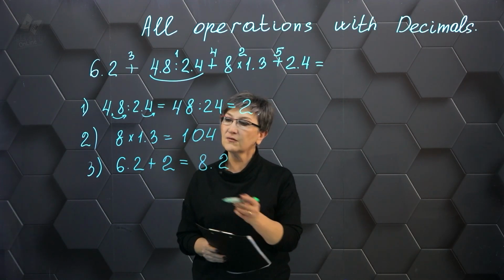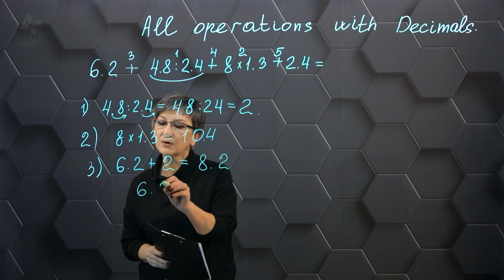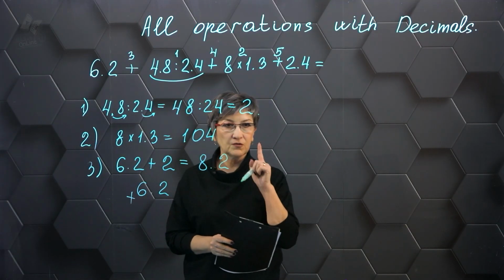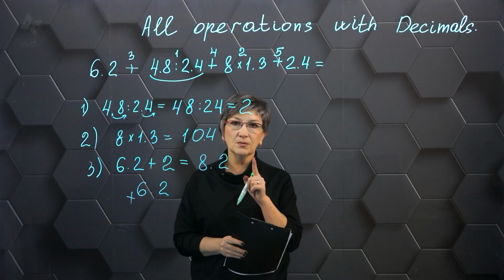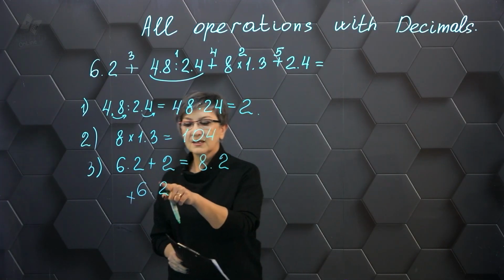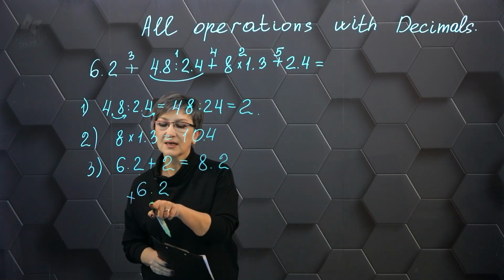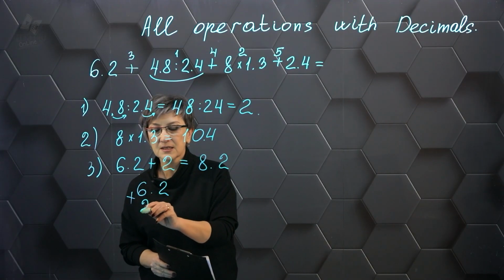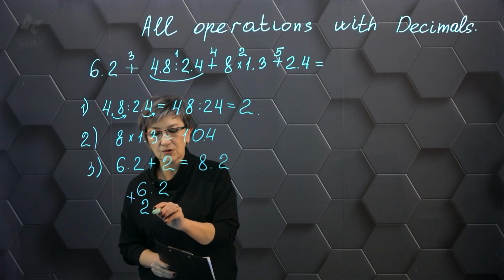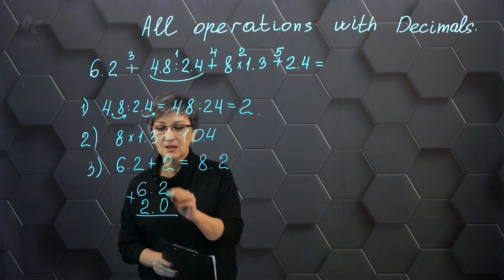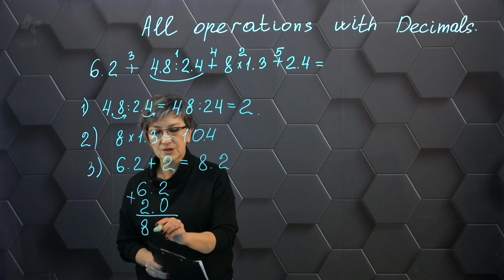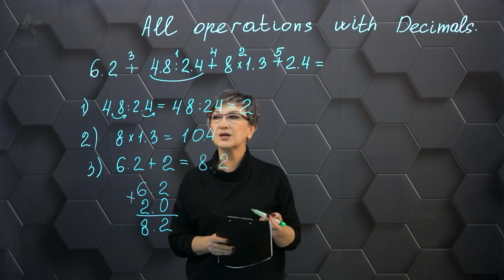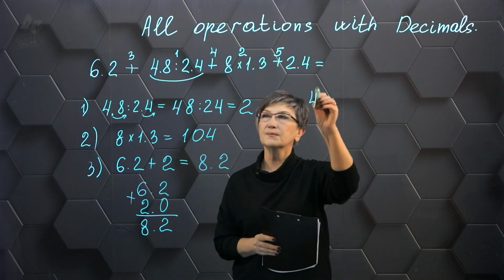But in a column, do not forget that according to the rules, the decimal point must be under the decimal point. In our number 2, there is no decimal point, so I write a point and 0. When I add it up, I get 8.2. The next activity, the fourth.